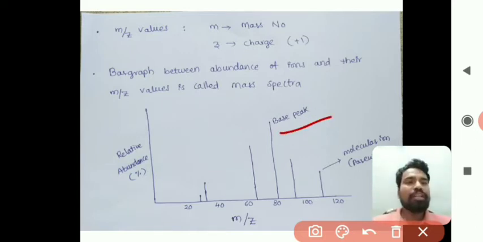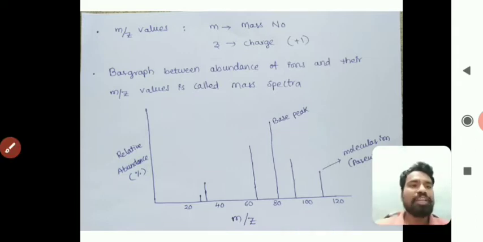Based on the stability of the base peak, the other peaks depend. So the other carbocation peaks are relative to the base peak. So this is the representation of mass spectra, right?